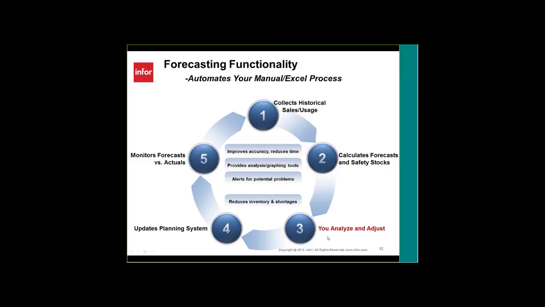We provide a lot of tools that I'll show you in a moment to graph the forecast, group different items together, and adjust the forecasts in different ways. And then once you're happy with what you've come up with, you click a button and it loads all those forecasts into your planning system.